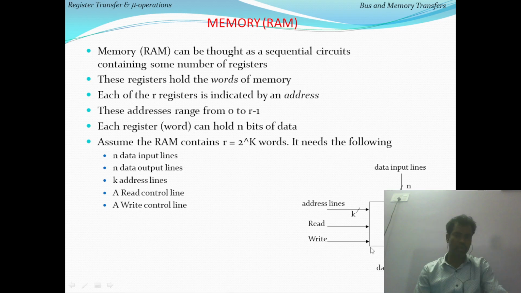The memory does not read; only the processor is the center of control. So the data goes outside from the memory, the output of the memory. Write means the processor writes the data into the memory, which is the data in of the RAM. So now it is memory transfer.